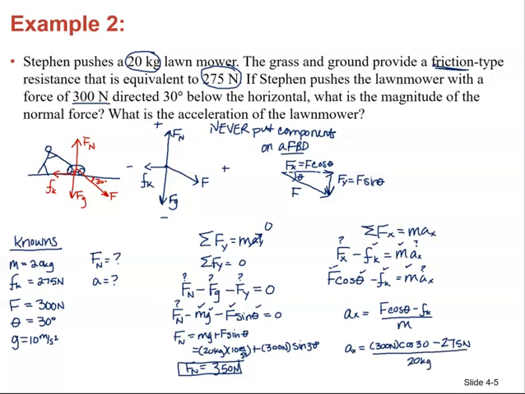And when I do the math, I'm going to find that my acceleration is going to equal negative 0.76 meters per second squared. So in this case, since my velocity is in the positive direction, the lawnmower is going to be slowing down. The acceleration is in the negative direction.